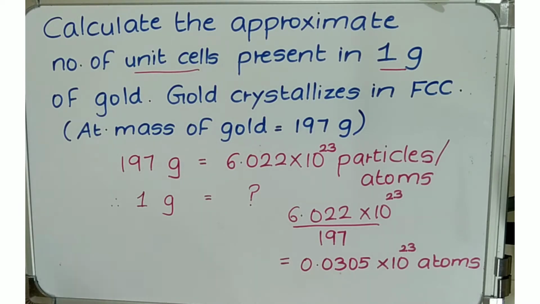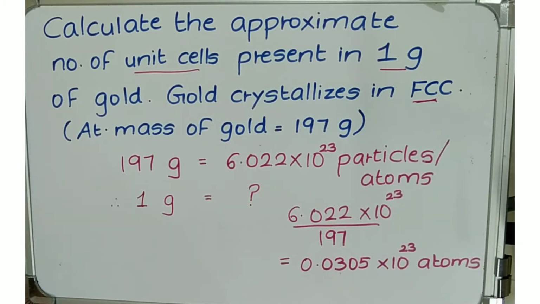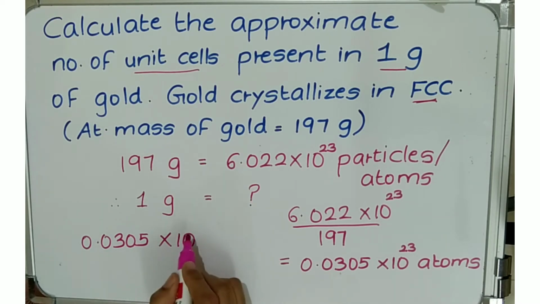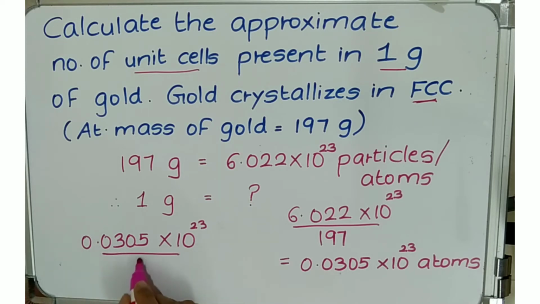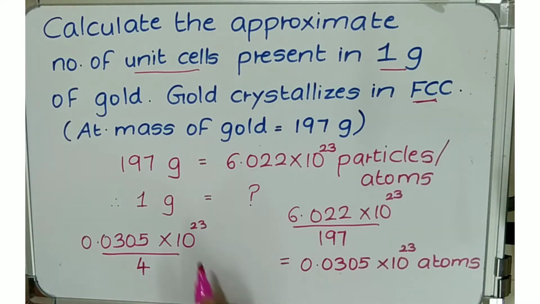Now what is the question? Number of unit cells. So we know that in FCC how many atoms will be there? 4. Right? 4 atoms are present in FCC. So whatever atoms you are getting, I got here 0.0305 into 10 to the power 23, divided by the number of atoms in that lattice FCC.